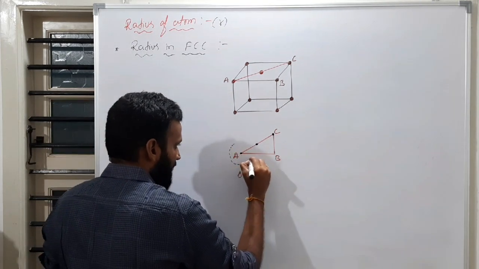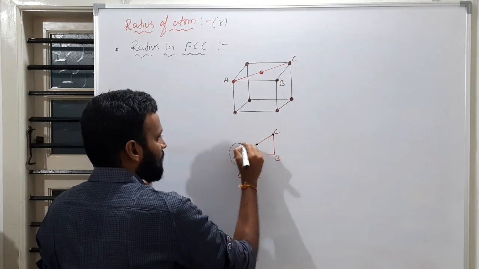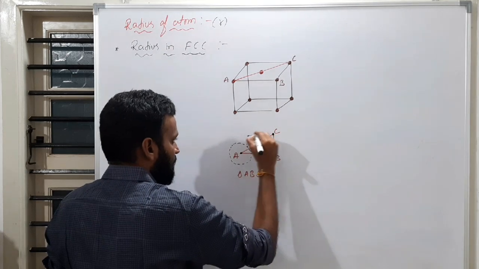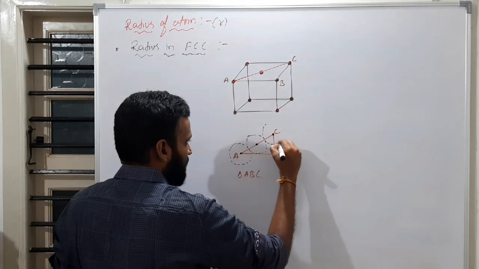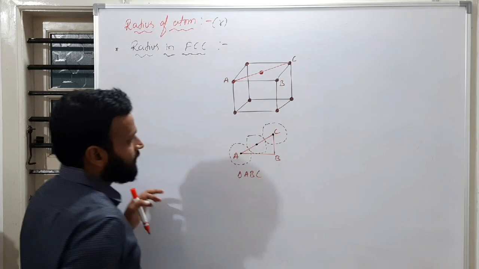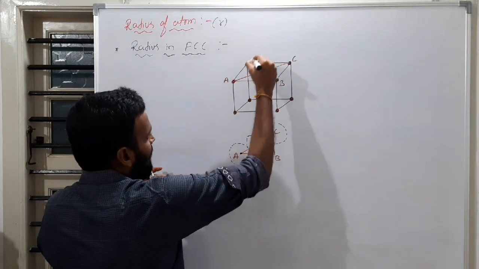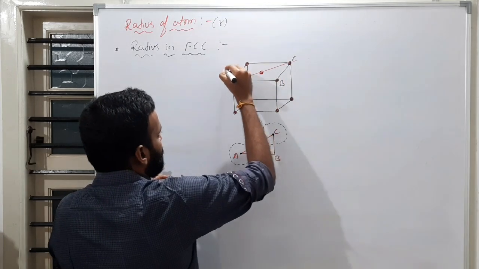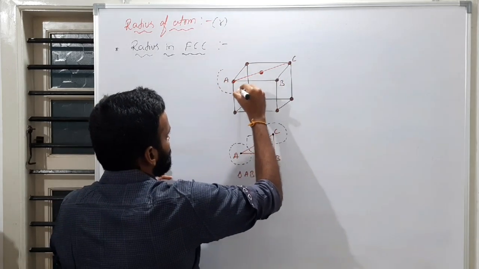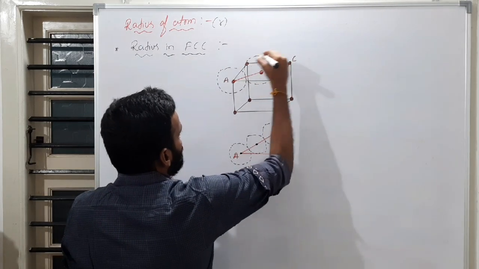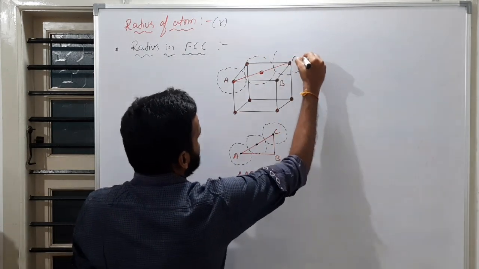So you have an atom at the corner like this, the face center atom is like this, and here you have another corner atom like this. So how many do you have? Here you have one, and in the middle, and like this. So 1 and 2 and 3.